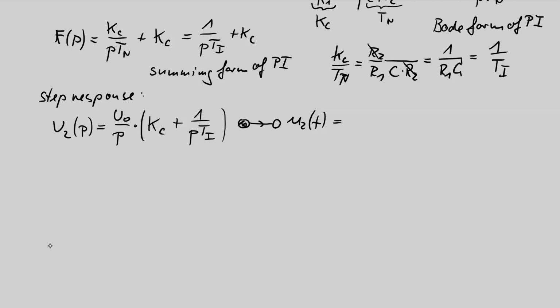It is U sub O parenthesis Kc times the step function, since 1 over P is the step function, plus U sub O multiplied with 1 divided by P times P, which is P squared times Te, the ramp function divided by the Ti time constant. So this leads to the following function.